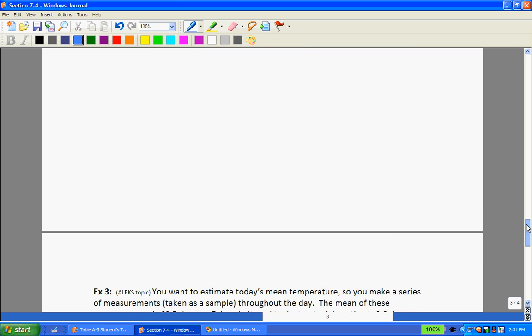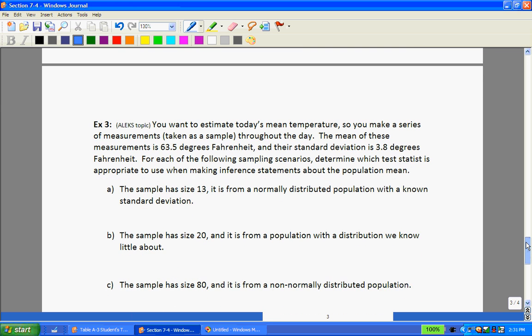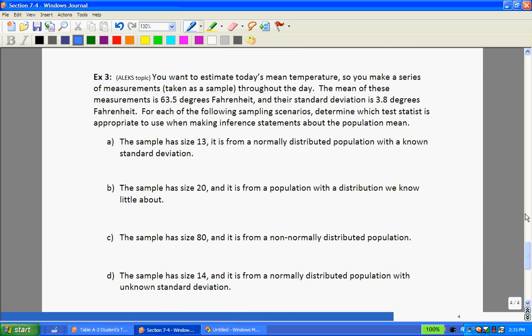Okay, let's take a look at a problem. This is very similar to something in your homework with deciphering when and which test to use. So let's say you want to estimate today's mean temperature, and you take a series of measurements, or a sample, throughout the day. The mean of those measurements is 63.5 degrees Fahrenheit, and their standard deviation is 3.8 degrees Fahrenheit.